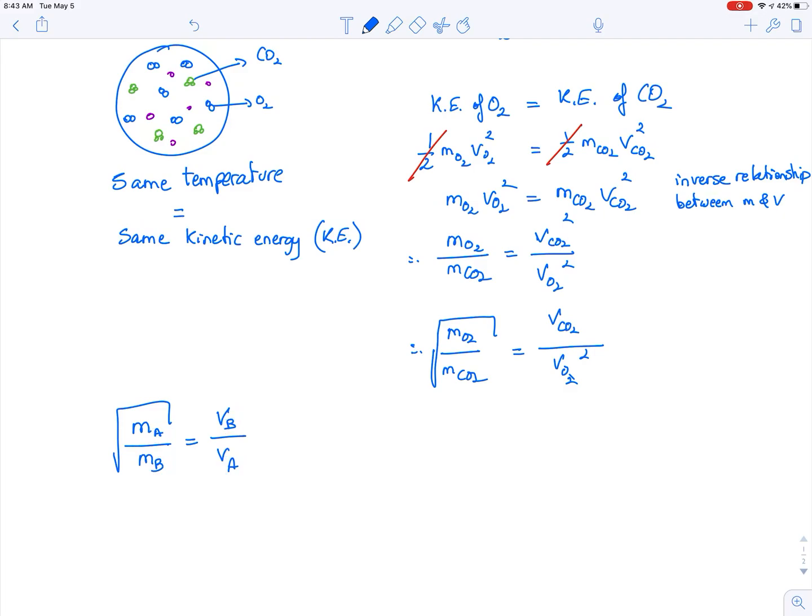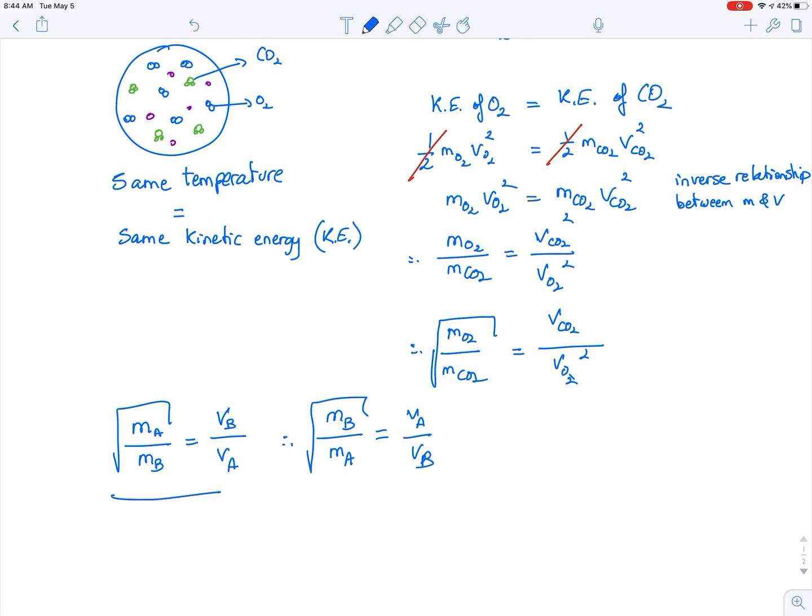With that said, you guys can rewrite it. This is the same thing as this, and you can actually verify it with numbers. So V_A here and V_B over here. This and that is the same thing.